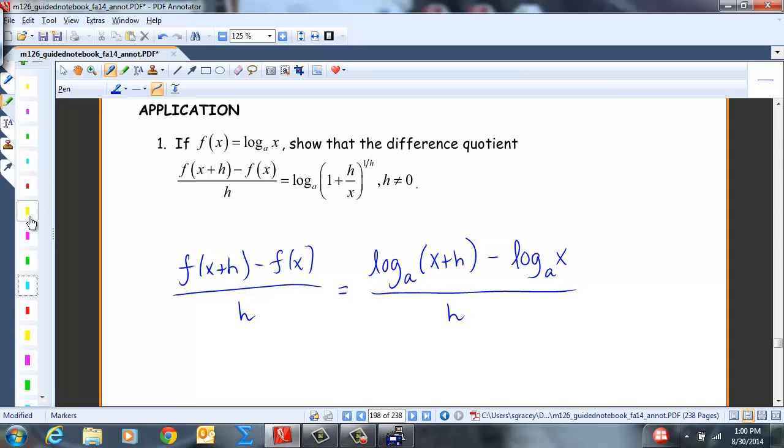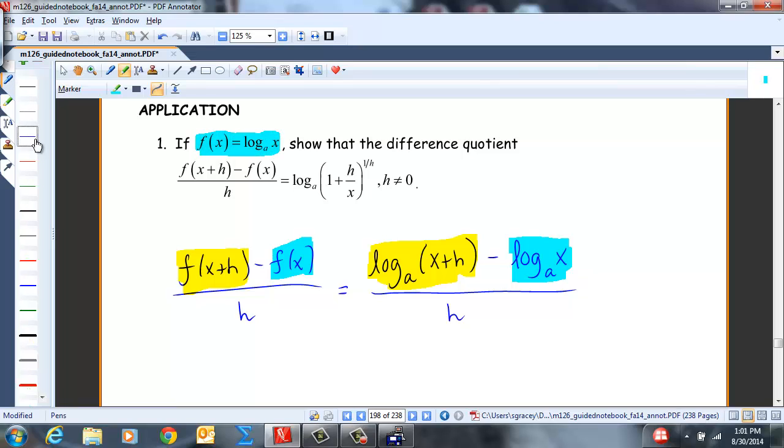So f at x plus h was this. And of course, f at x, sometimes it's so easy it's hard, right? f of x is what was given up here.